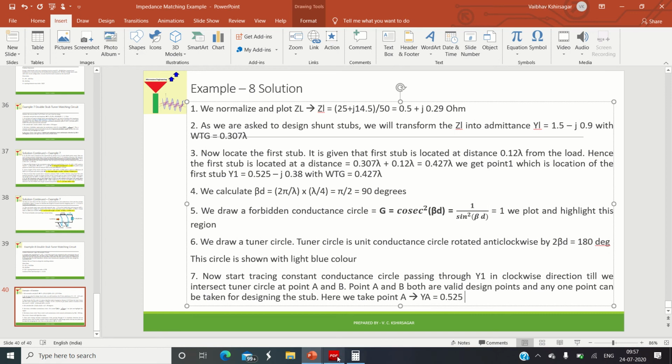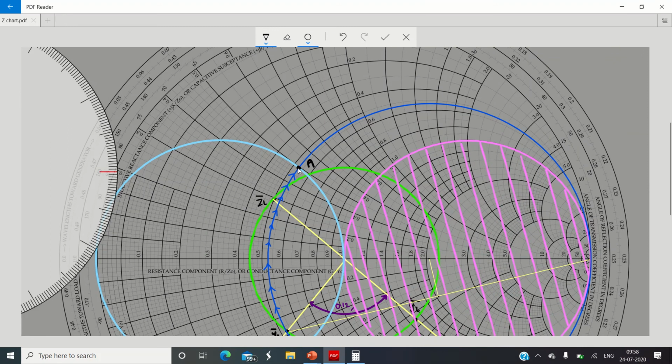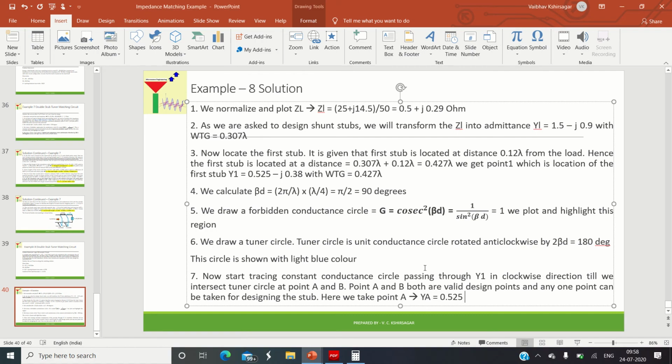Okay, what is the imaginary part? It is located on the upper half, so we need to take it as positive, and the imaginary part, the susceptance, if you trace this arc over here, is approximately 0.5. So you can write positive 0.5. So here I got j0.5.